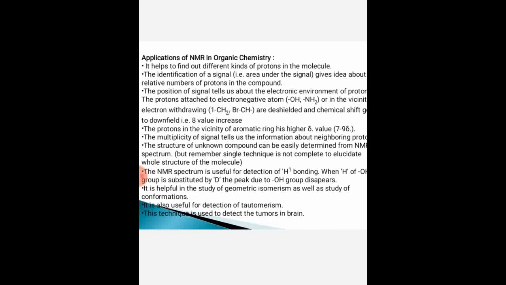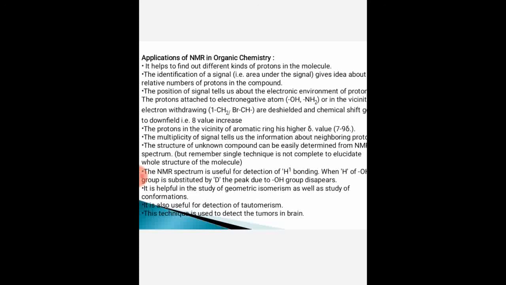Then NMR gives an idea about aromatic protons, protons attached to sp3 hybridized carbon atoms, sp2 hybridized carbon atoms, then vinylic protons, then allylic protons. All these kinds of protons can be identified with the help of NMR spectroscopy, which is useful in the interpretation of the structure of an unknown compound.